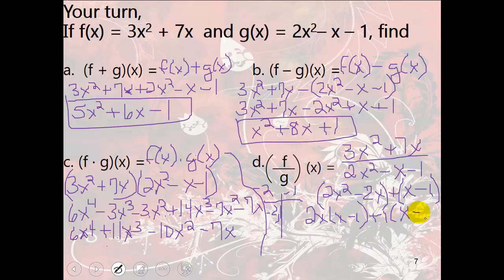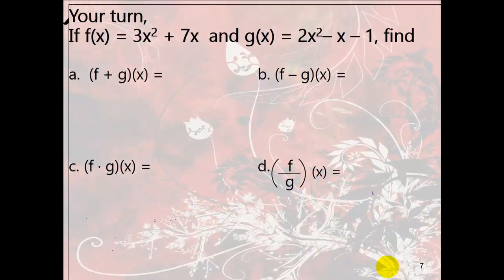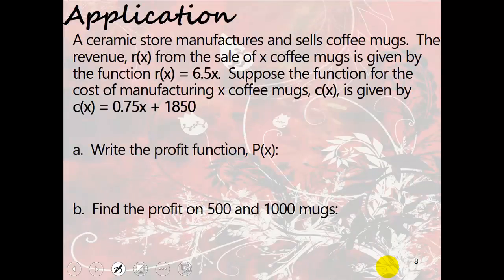So then I get 2x plus 1 and x minus 1. All right, so if either of those go to 0, my denominator goes to 0. So x cannot equal negative 1/2, and x cannot equal positive 1. Right?